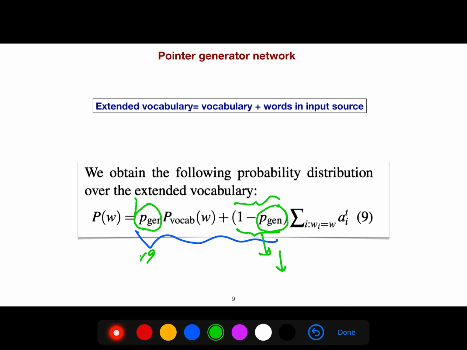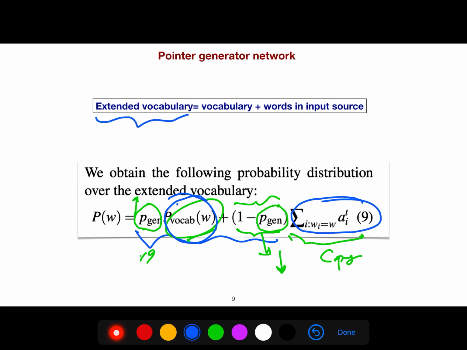The higher P_gen gets, the more 1 minus P_gen is reduced, and it reduces the effect of copying. This is, for example, the effect of copying, and this is your vocabulary that you are generating in the traditional fashion. So there is a trade-off between what you want to generate from the vocabulary and what you want to copy.